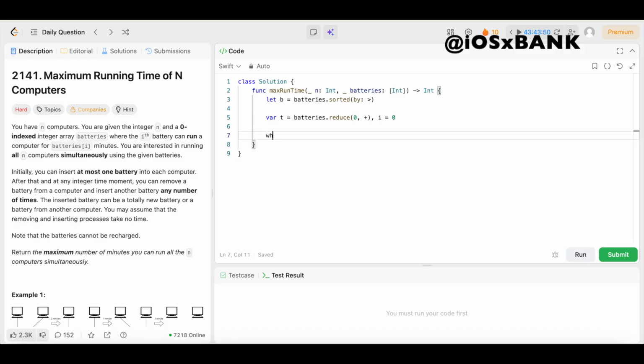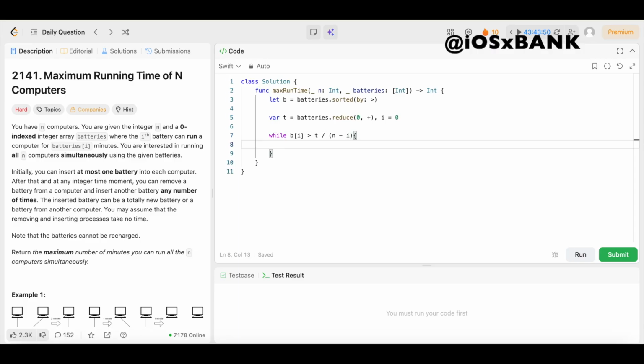For that, we say while B square bracket I is greater than T divided by, open parentheses, n minus I, we open the brackets and remove its energy from the pool by saying T minus equals B square bracket I. Underneath that, we increase the excluded battery count by saying I plus equals 1.